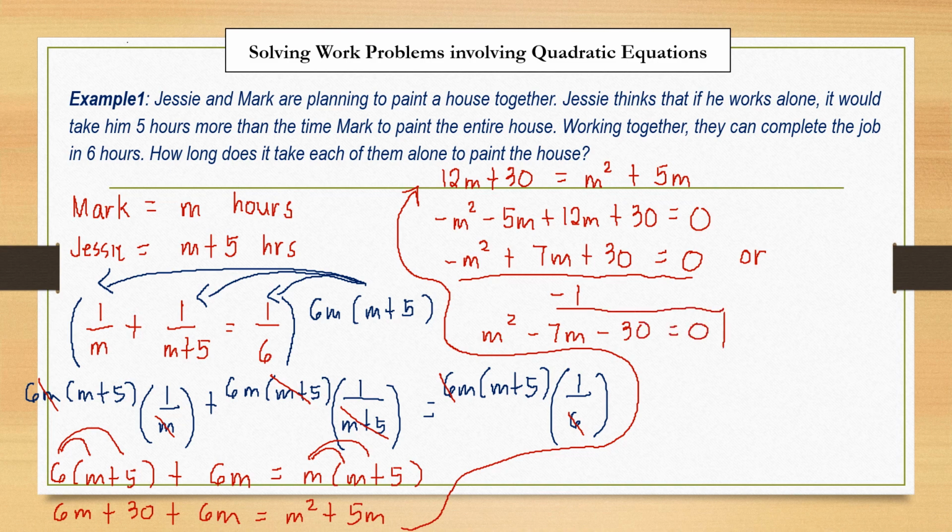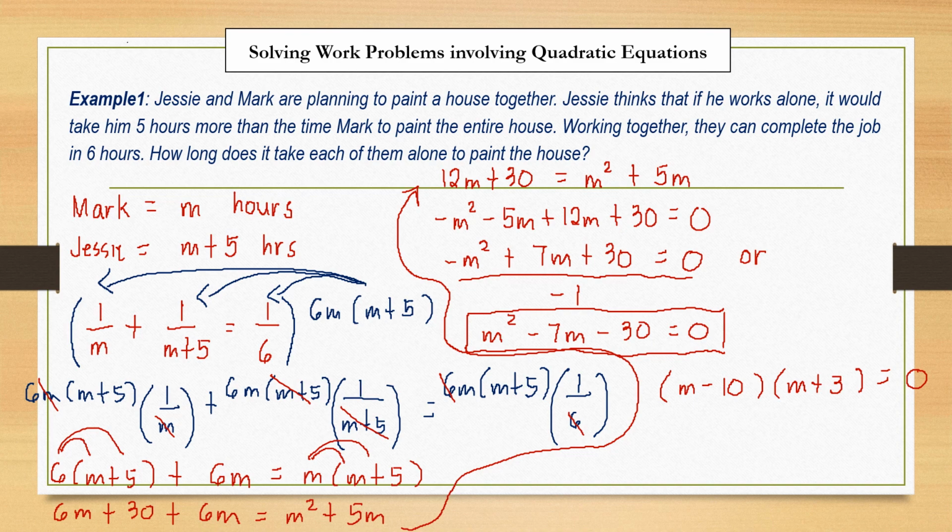Now we can solve this quadratic equation in standard form using the method of our choice. Let's say we choose factoring. So we have m minus 10 and m plus 3, since negative 10 times 3 is negative 30, and negative 10 plus positive 3 is negative 7.